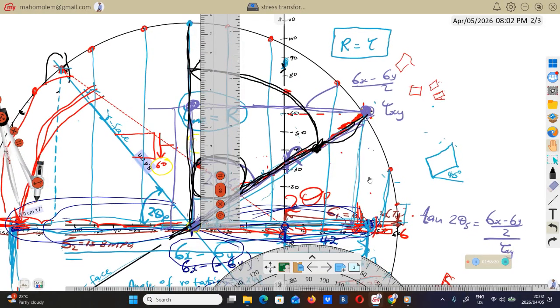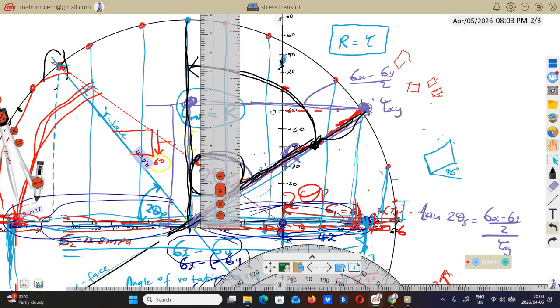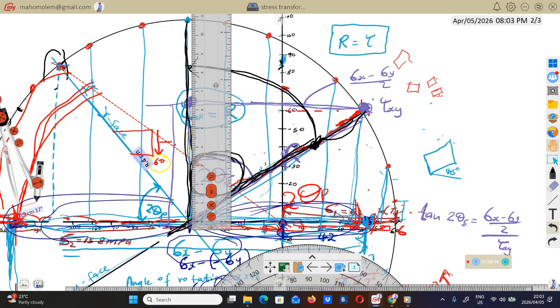That point of origin is now no longer that visible. It's somewhere there. Good.